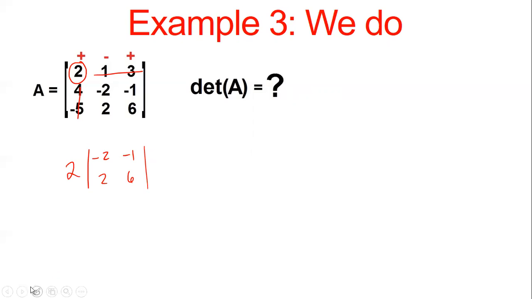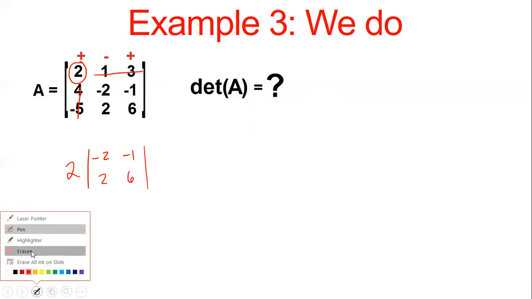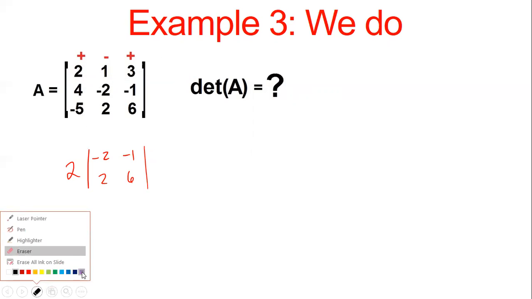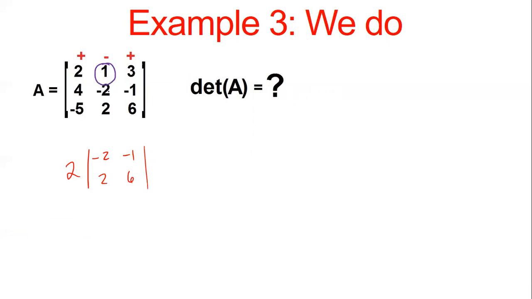Okay. Now we're going to do the next one. So now we're going to do our B. Notice how I reminded myself I've got to alternate like I'm putting in a remote. So it's -1.